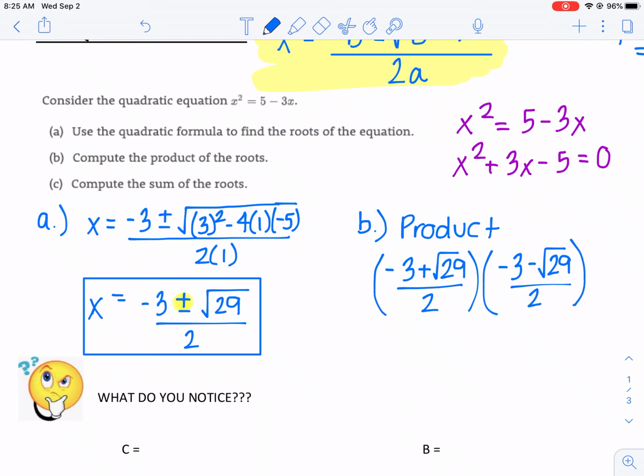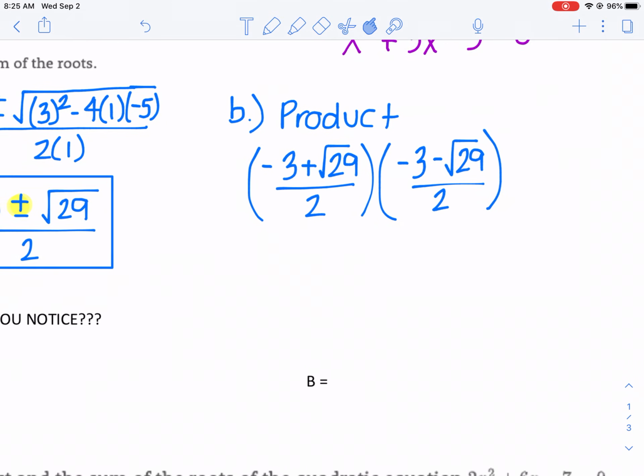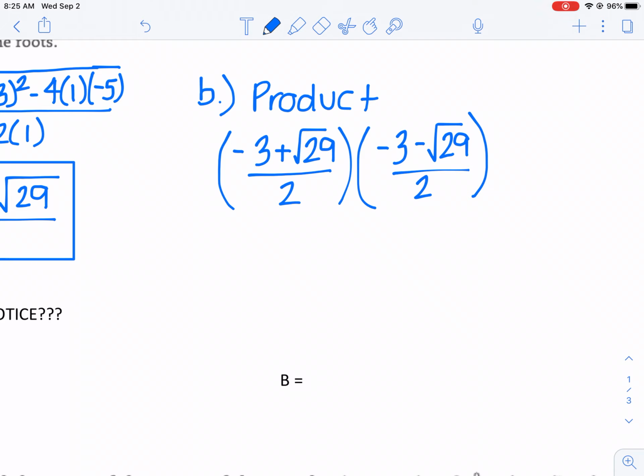Okay, so those 2 roots being multiplied together will give me the product. Notice on the top, I'll be foiling. So when you FOIL, you'll get 9 plus 3 root 29 minus 3 root 29, and then root 29 times negative root 29 is actually just a negative 29.